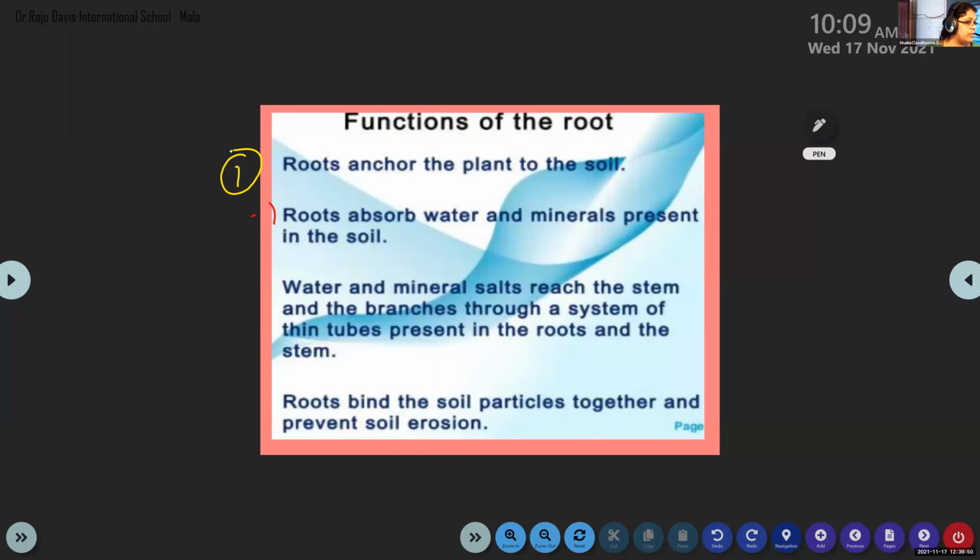That is the indication that the plant is already anchored to the ground. Second, roots absorb water and minerals present in the soil. For photosynthesis, leaves require water and some minerals also. So who gives that? Root. Root takes it from the soil and passes it through the stem and it reaches the leaves.